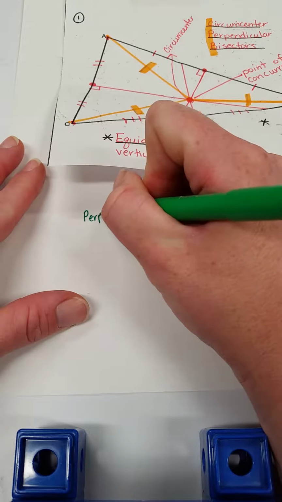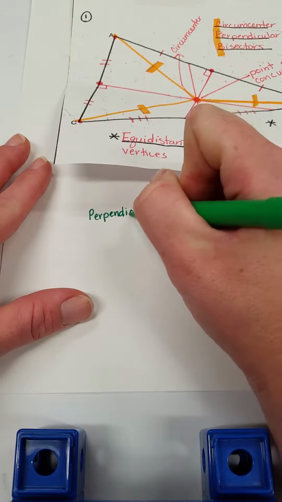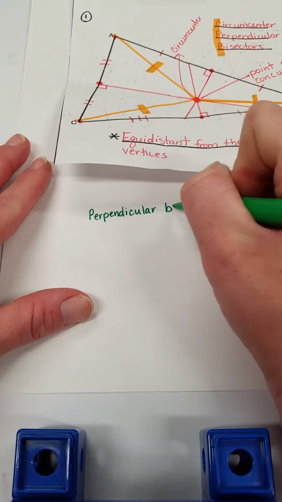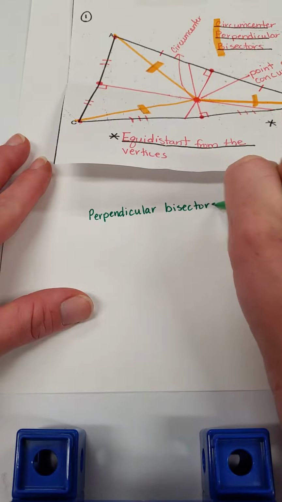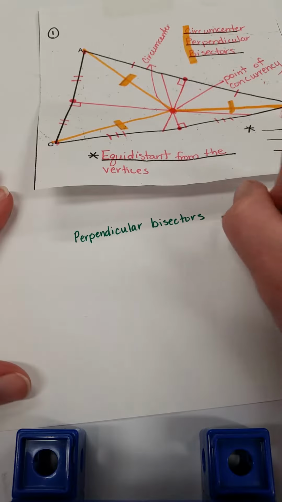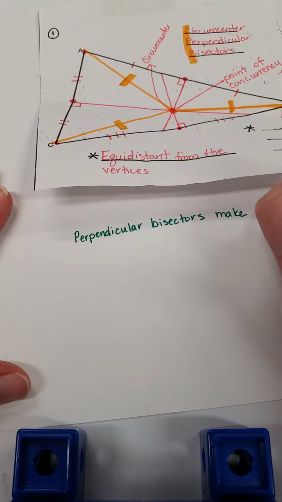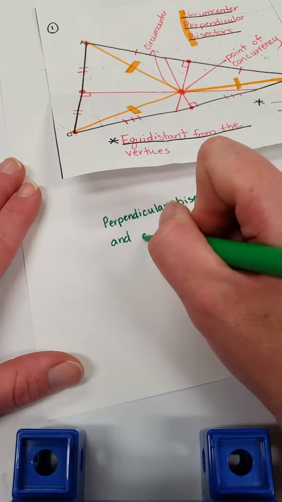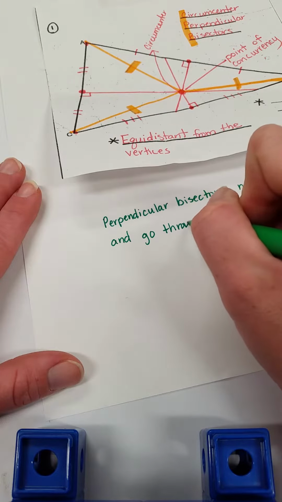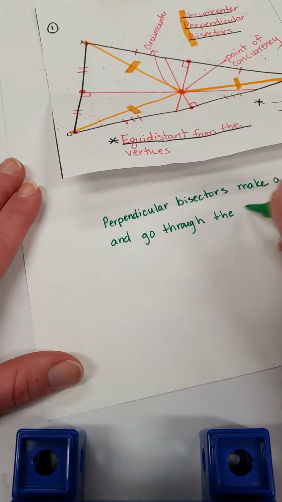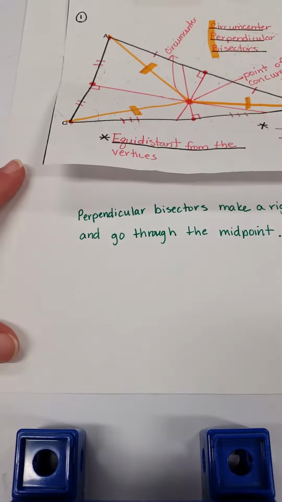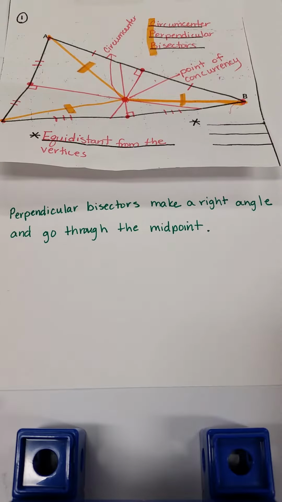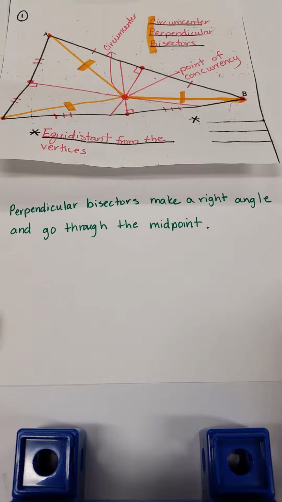Perpendicular bisectors make a right angle and go through the midpoint.